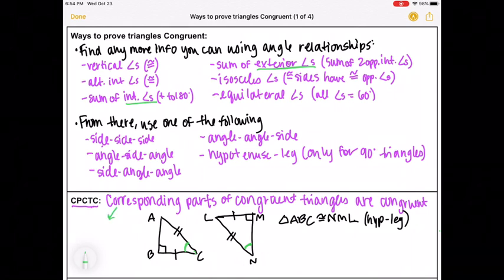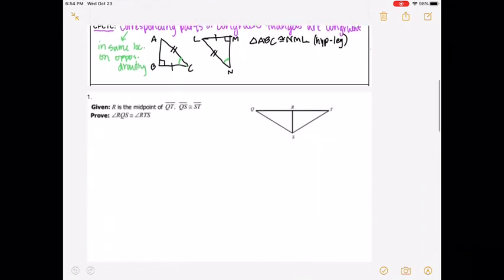Corresponding, remember, means they're in the same location on the opposite drawing. So that's another one that you can use a lot. Let's move on here.